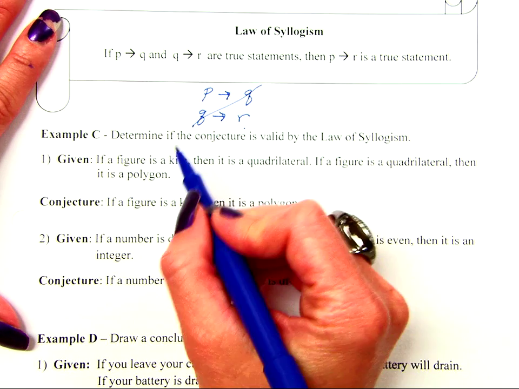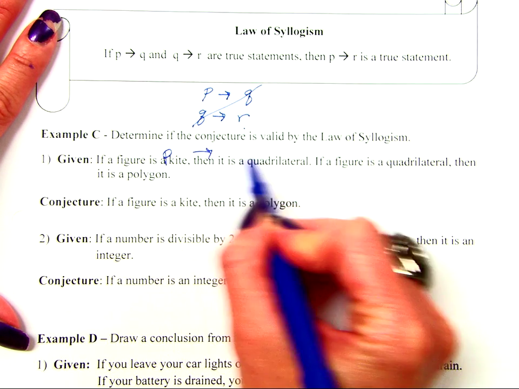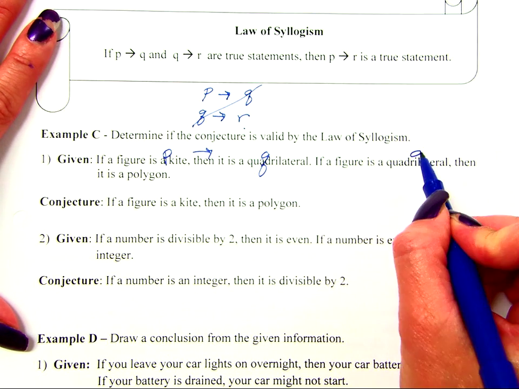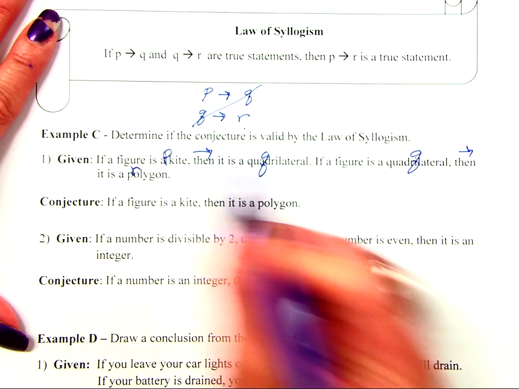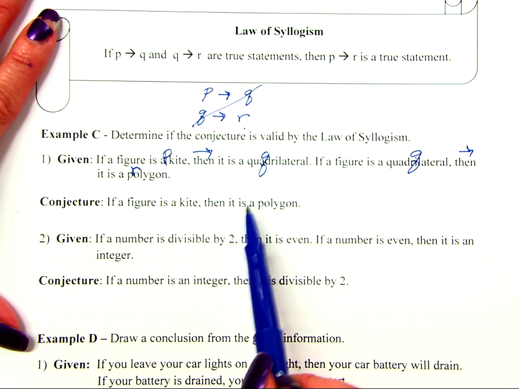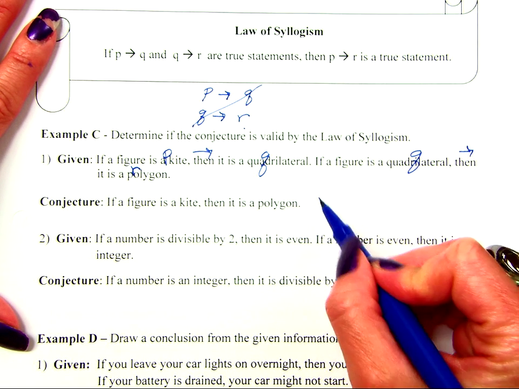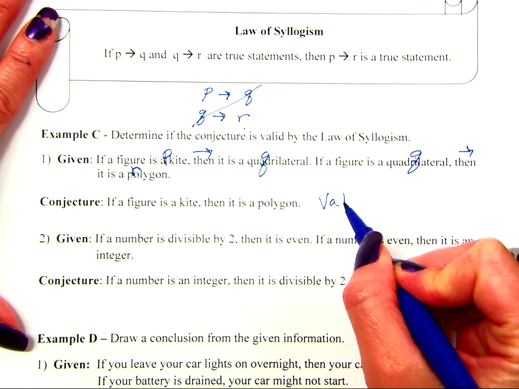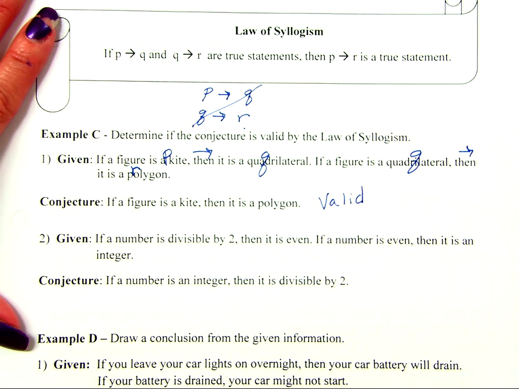Well, if we break this up, if P then Q, and this says Q then R, we know P then R is true. Does this match? P then R? Yes, we can conclude if the figure is a kite, then it is a polygon.